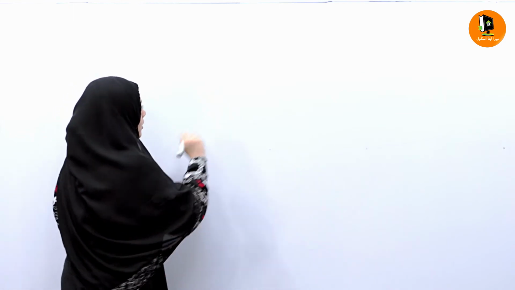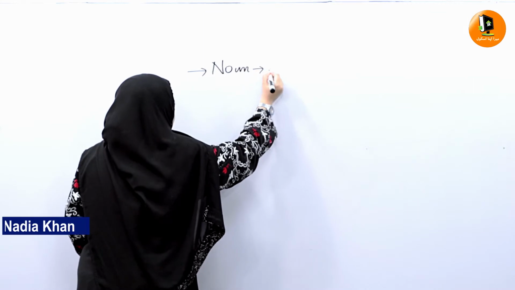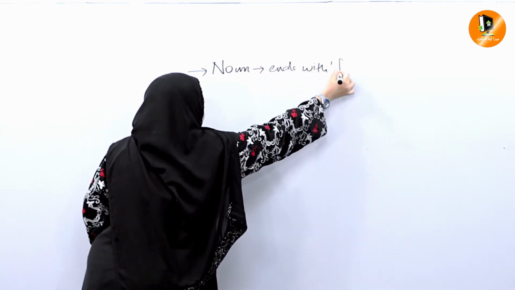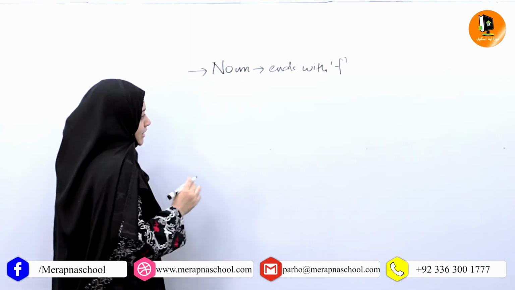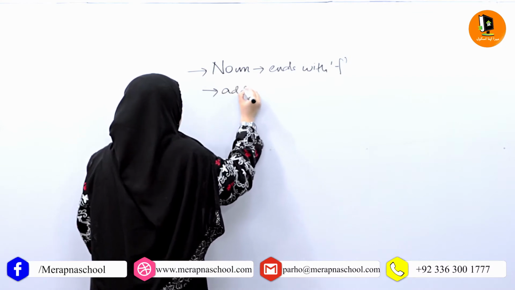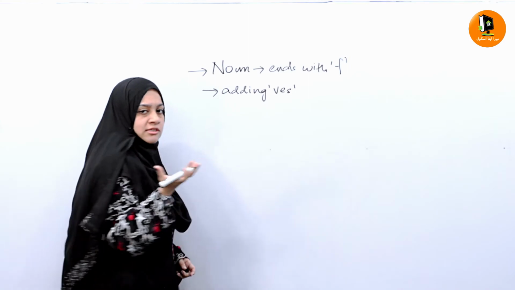Now there is another case in which the word usually ends with an F, and in some cases we can replace that F with a VES. Let's see how. For example, your noun ends with the letter F. In that case, you can make it a plural by adding VES in some cases.